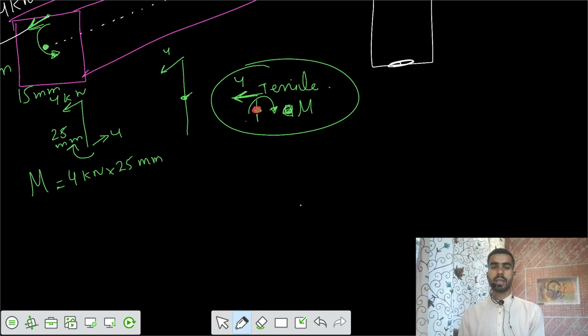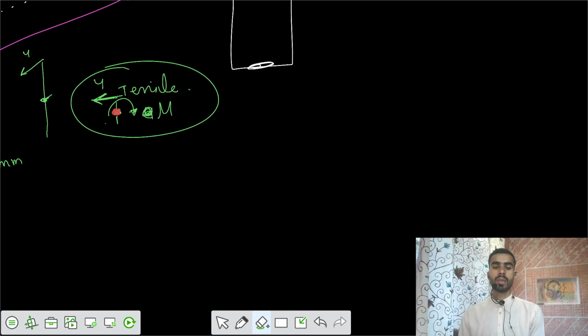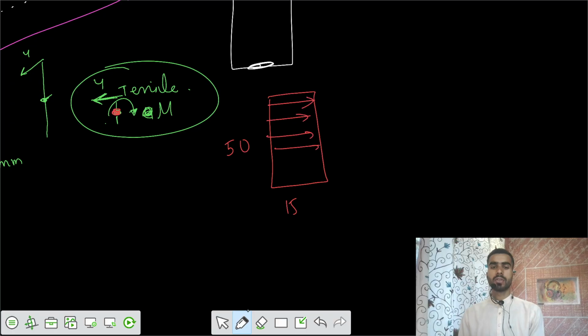On the joint, because of this effect, you can have these two forces acting. If you draw that, this is the cross section of the beam, your 50 cross 15, and this is a tensile stress, uniform for the entire section. So we can say sigma tensile.